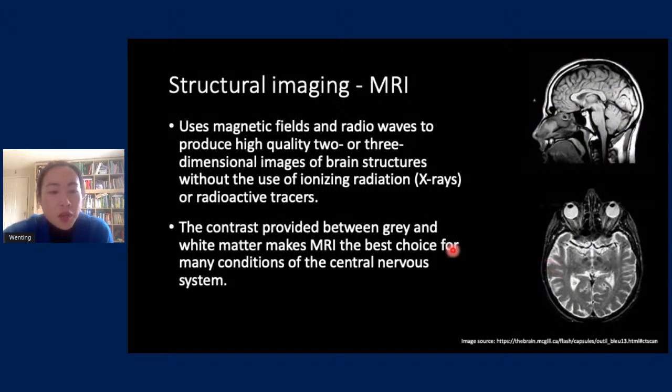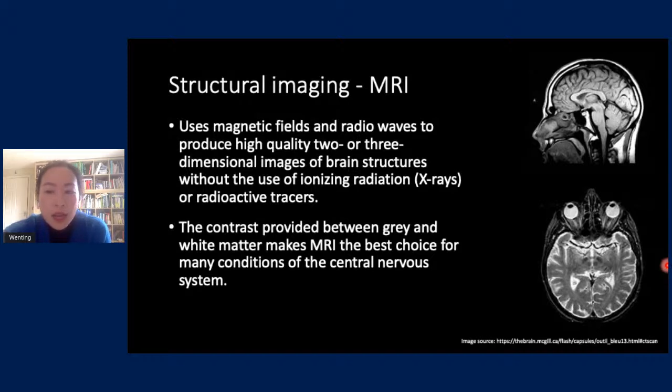Another common structural imaging that you probably heard a lot of is MRI, the magnetic resonance imaging. MRI uses magnetic field to exploit the physical properties of matter at a subatomic level, especially in the water, which accounts for about 70% of the mass of the human body. MRI scans not only provide higher-definition images than CT scans, but they can also show sagittal and coronal sections of the brain.